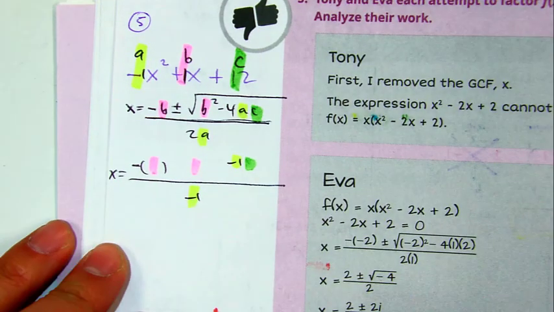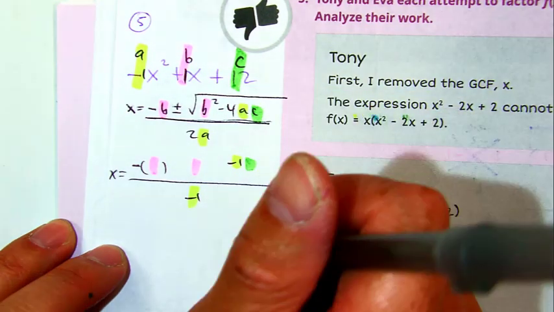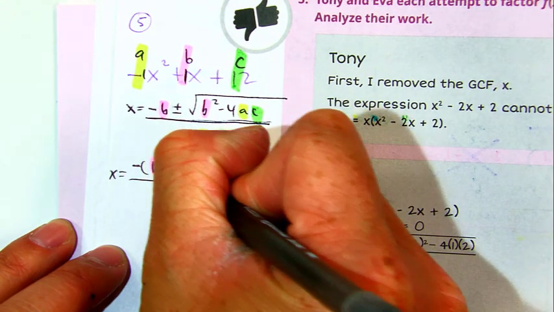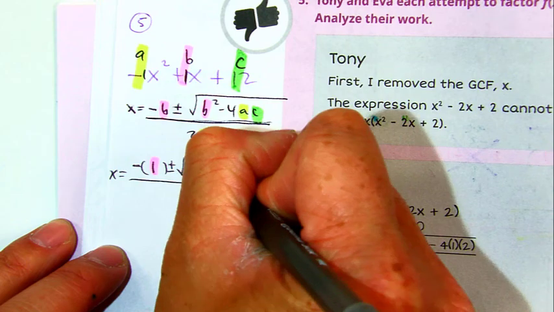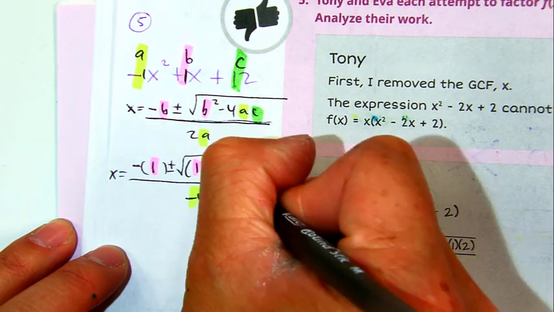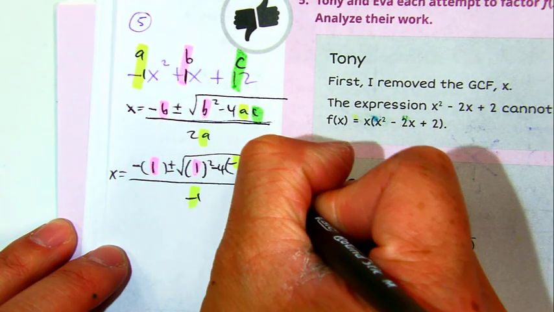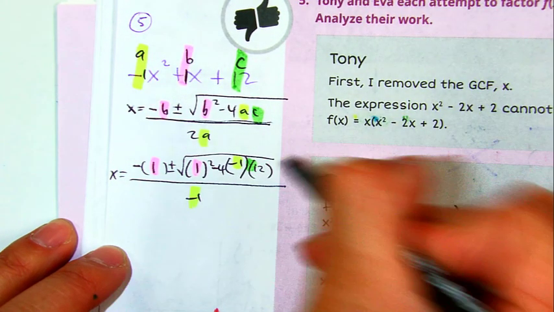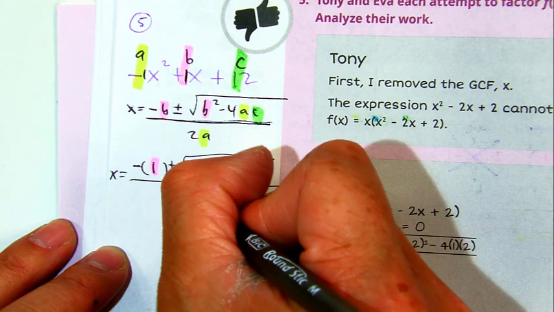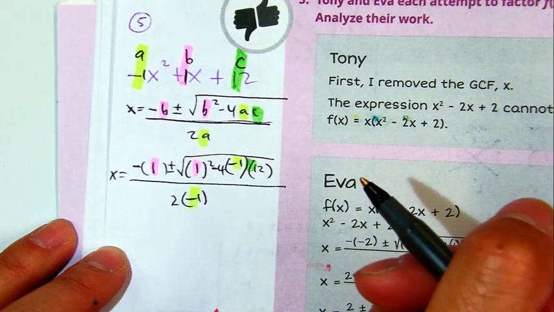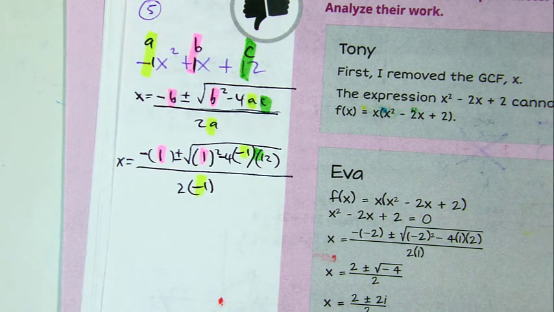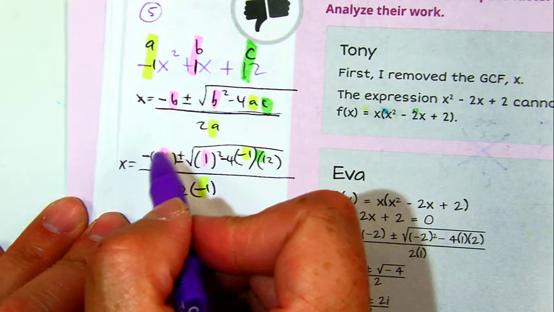Roberto, what is your b value? So 1 squared. A value is -1. What's your c value? And your 2 times -1. Let's go ahead and simplify this. Marco, what's the opposite of -1?